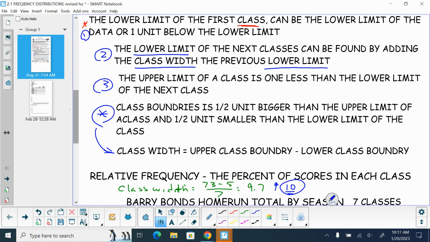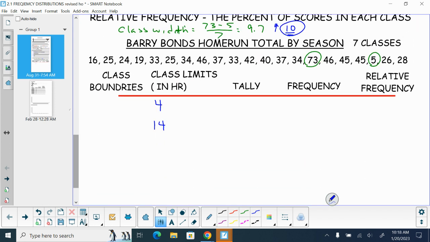Step 3, the upper limit of a class is 1 less than the lower limit of the next class. So if I'm at 14 here, my upper limit here is 1 less than that to give me a value of 13.